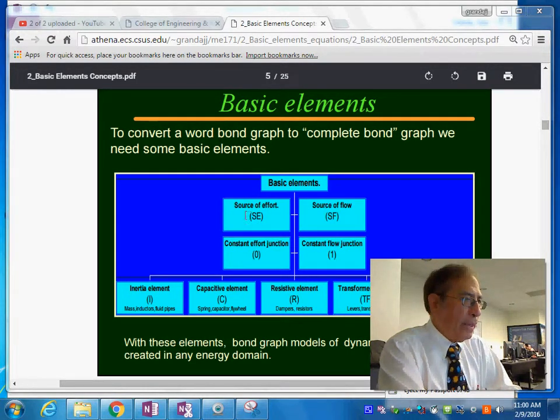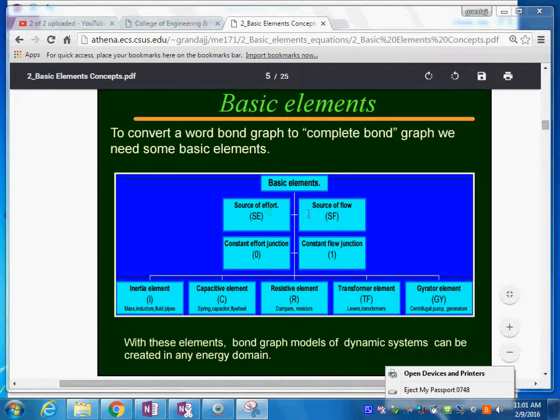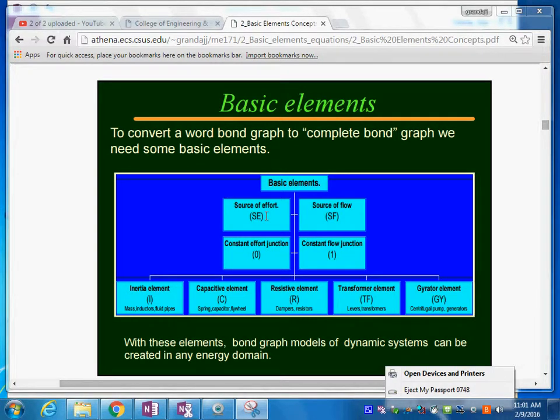As you can see, you have two sources in here. You have two connecting elements. The source elements that we'll use, we will call them SE and SF, meaning source of effort and source of flow. We already saw the concept of generalizing the variables.